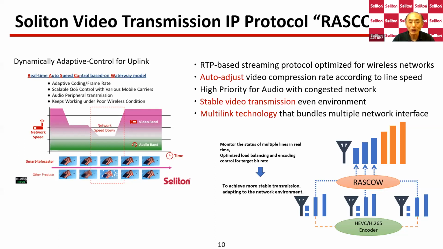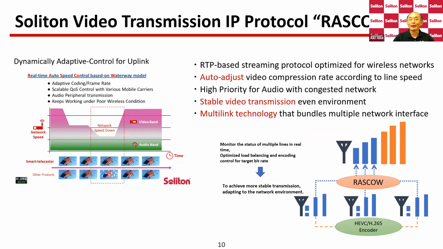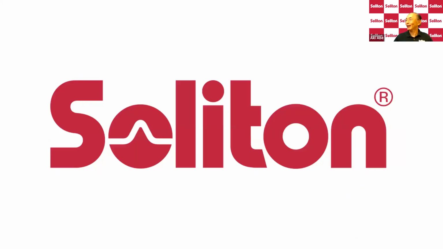And this could be different types of carriers. In the US, AT&T, Verizon, T-Mobile, you can also aggregate them together, and that's why we call this multi-link technology, bundled with network interfaces. So this is the basic of our RASCO, and this is regularly what we're using in the Zao-SH, but for the ultra-low latency we have even better processing on that. Okay, we can move to the next explanation.